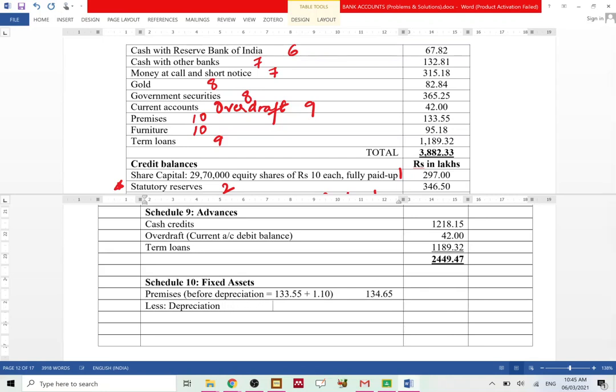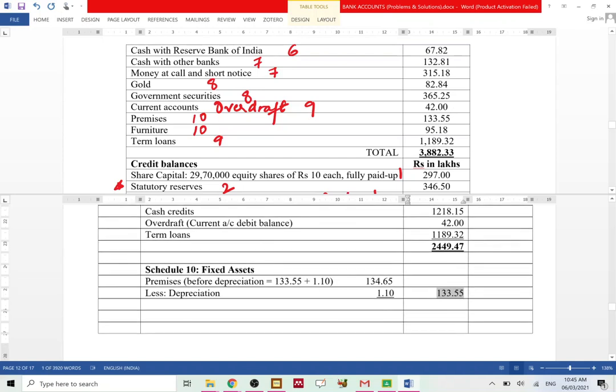So less the depreciation 1.10. This is the depreciation that was charged, and after depreciation we got the actual amount of the premises, which is 133.5. This amount which has been given over here. We are just showing how we arrived at that amount.